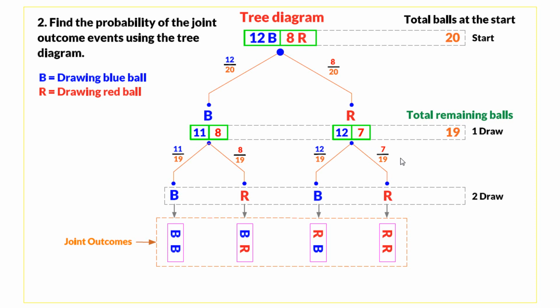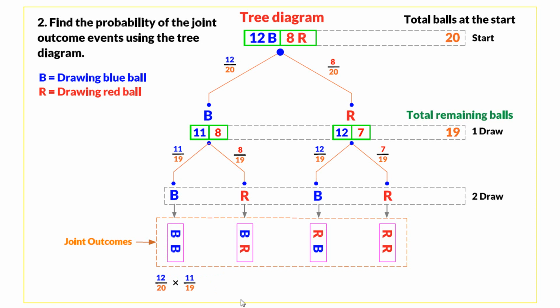So using this tree diagram will make it very easy, only if we write the number of remaining balls for each branch. Now if we need to find the probability of picking first blue and second blue, we have to highlight the branch which leads to this event, first blue and second blue, and we take the probability of the first branch and the second branch and we multiply them together.